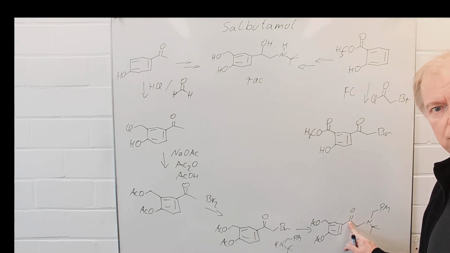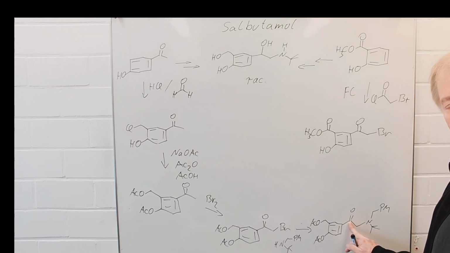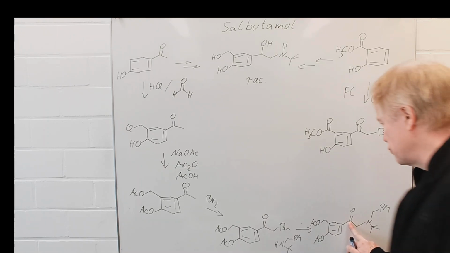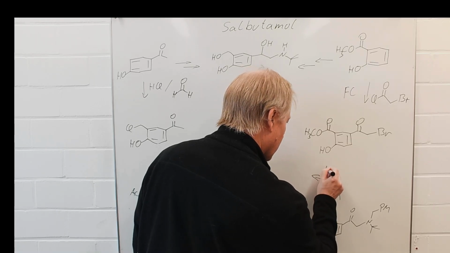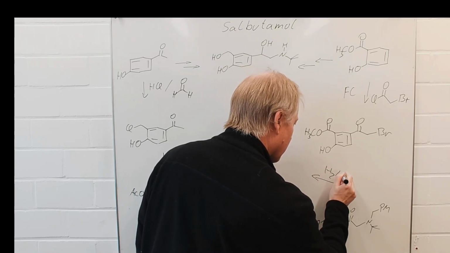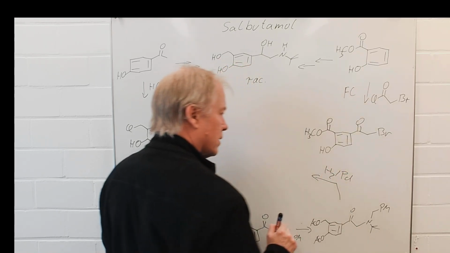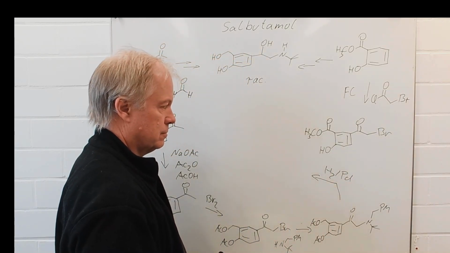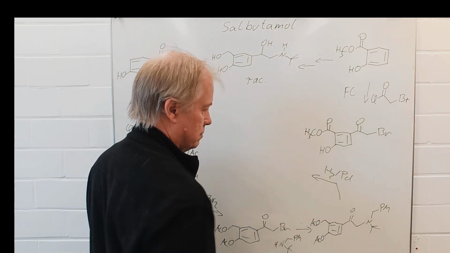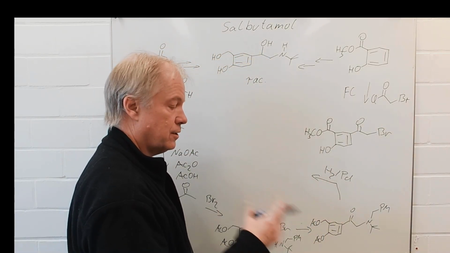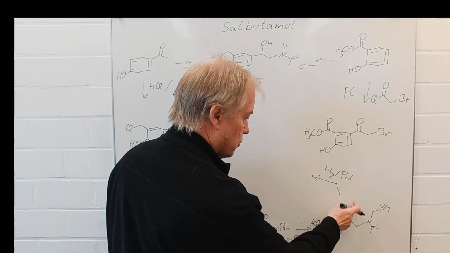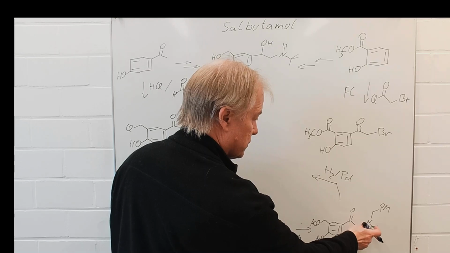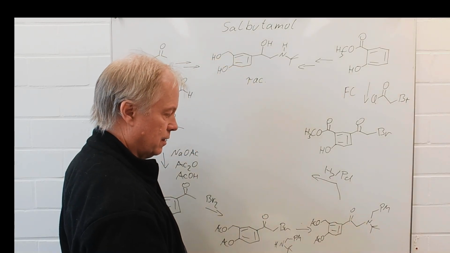And this is simply done by catalytic hydrogenation, palladium on charcoal with hydrogen under pressure, giving the tertiary alcohol here and the secondary amine here.